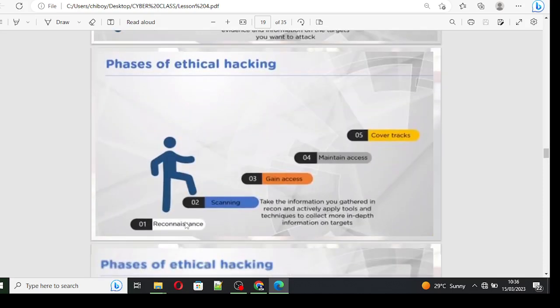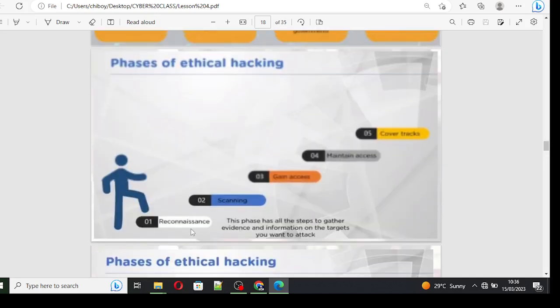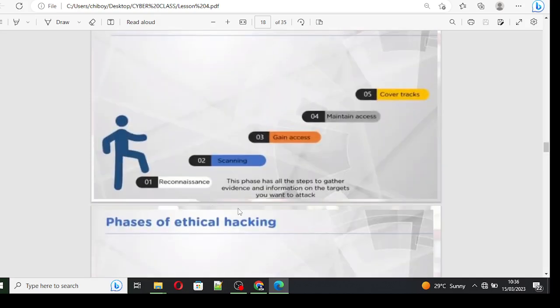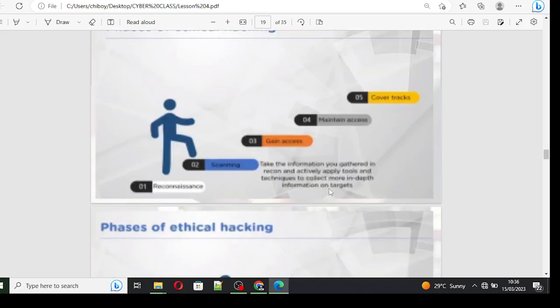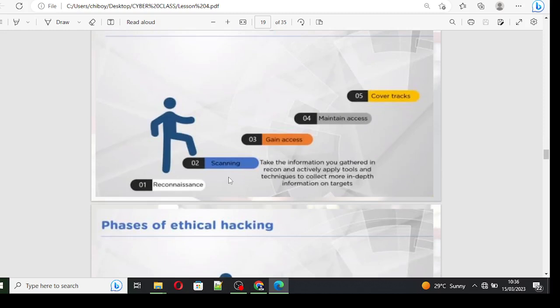Reconnaissance. We talked about reconnaissance. This phase has all the steps to gather evidence and information on the targets you want to attack. Then when we talked about scanning, this takes the information you gathered in recon and actively applies tools and techniques to collect more in-depth information on targets.